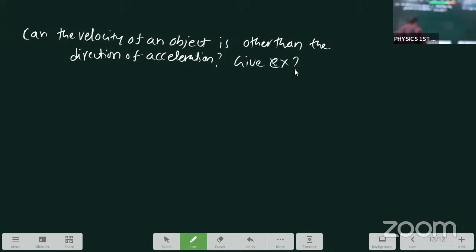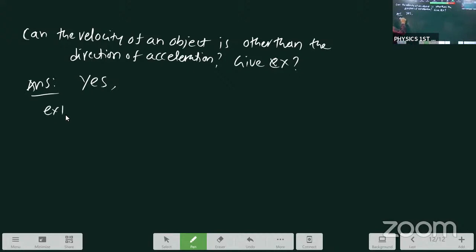This is the question, student: velocity direction and acceleration direction are both different. Other than means the answer starts from yes. Answer only yes onwards: the direction of velocity and the direction of acceleration are both different. Possible. Yes.